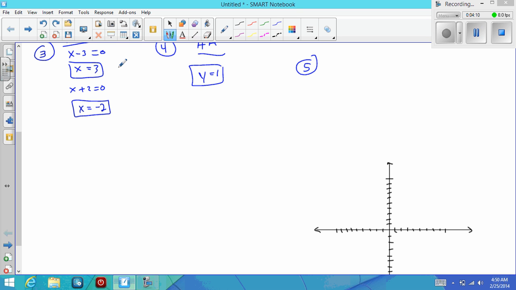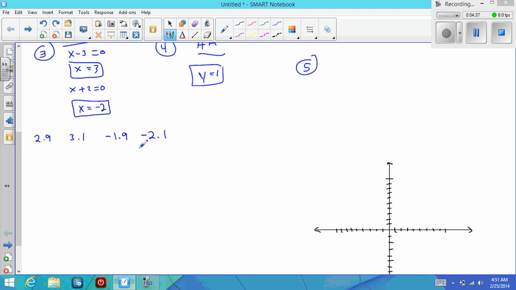And I only test for the vertical asymptotes, not the horizontal asymptotes. So my test points are going to be 2.9 and 3.1. Those are 0.1 units away from the 3. And 0.1 units away from negative 2 would be negative 1.9 and negative 2.1.